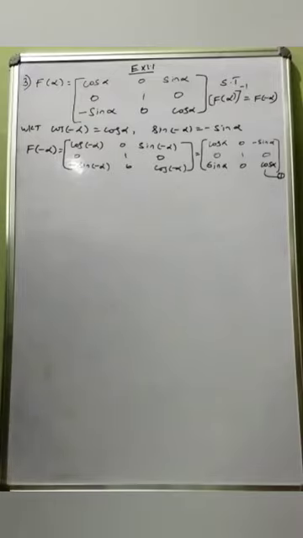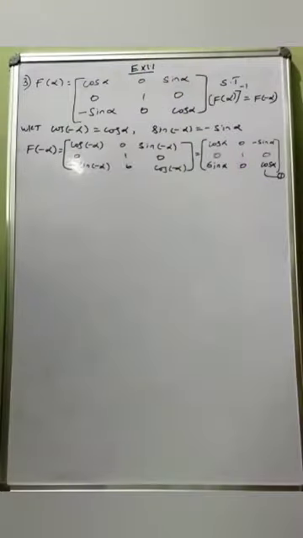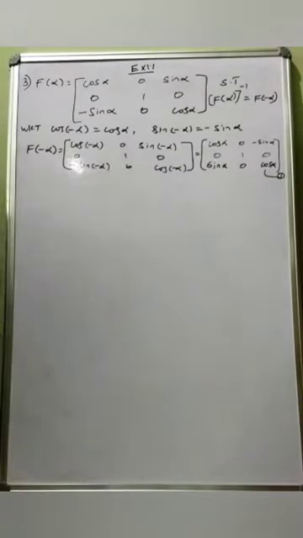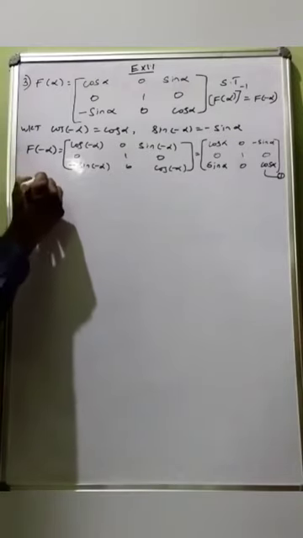Next we have to find F alpha whole inverse. For that, the formula is A inverse equals 1 by determinant of A into adjoint A. So first find the determinant of F of alpha.